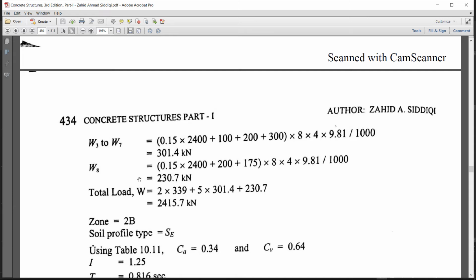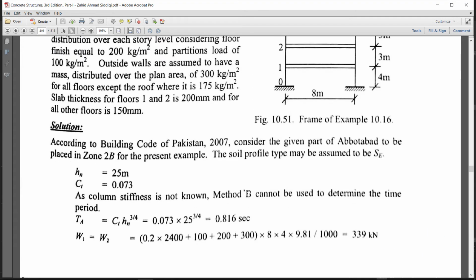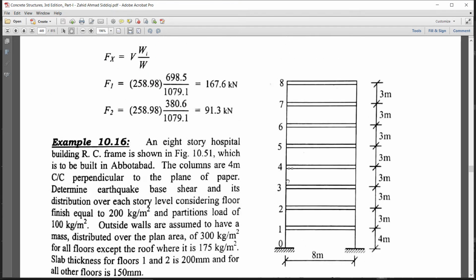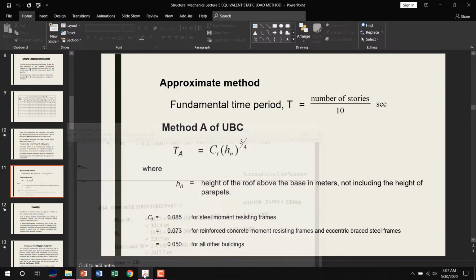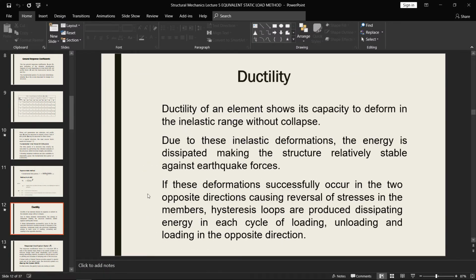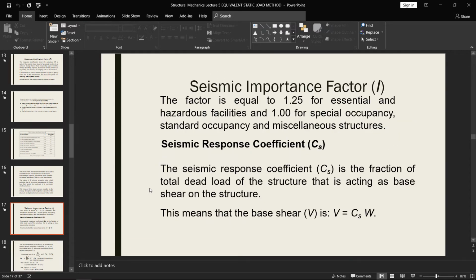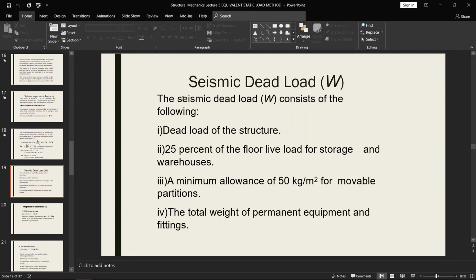Okay, now the total load of the building, or the total seismic weight. I have discussed this in the slides. Seismic weight will include the dead load of the structure, 25% floor finish, live load for storage, a minimum allowable of movable partition 50, and the total weight of permanent fittings.